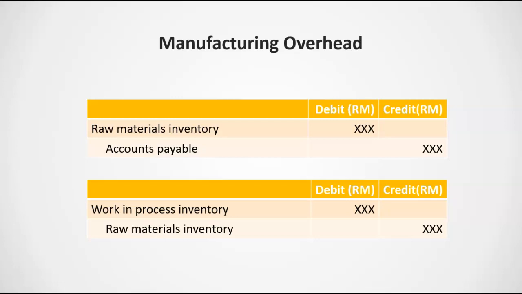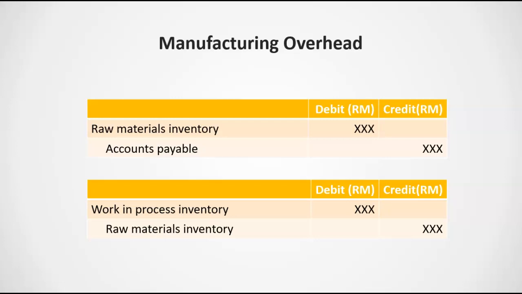The actual amount incurred for manufacturing overhead is recorded as debit manufacturing overhead account, credit accounts payable. The accounts payable here refers to any specific overhead accounts. The applied amount of manufacturing overhead is recorded as debit work in process inventory account and credit manufacturing overhead account.